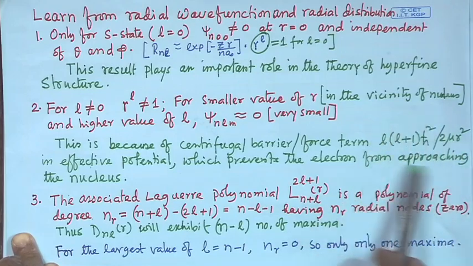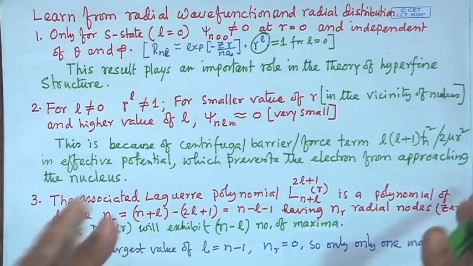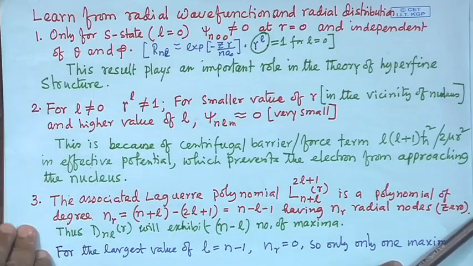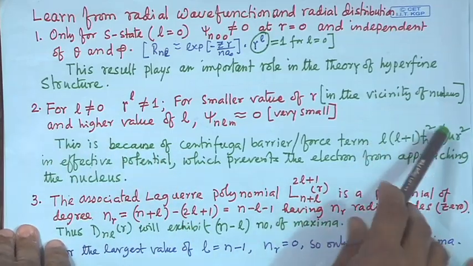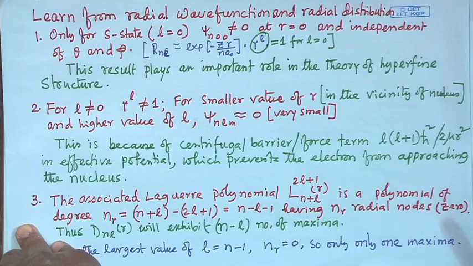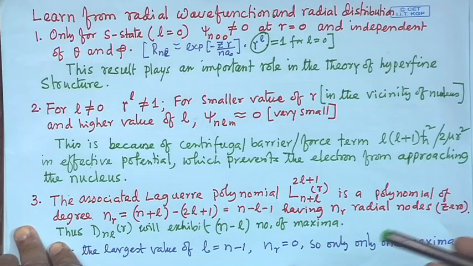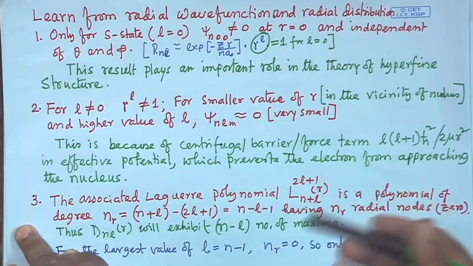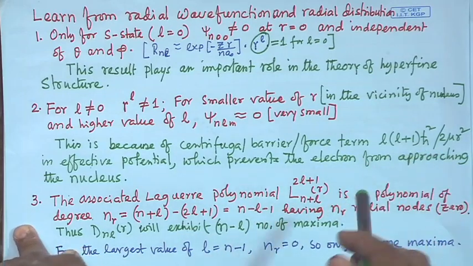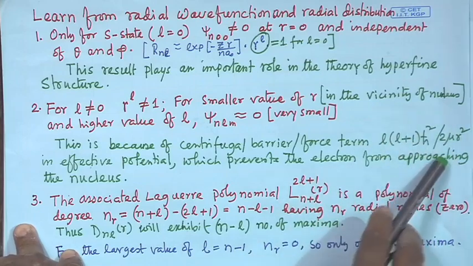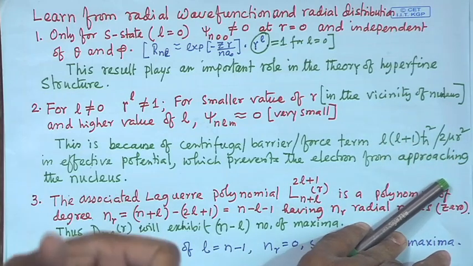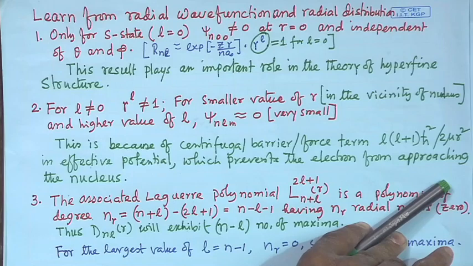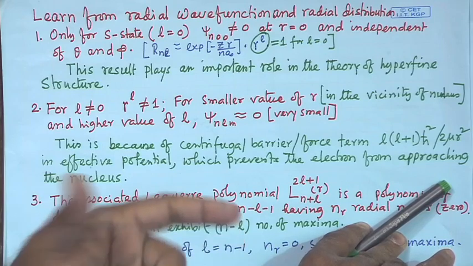So these three terms were there. This term is equivalent to a potential energy, basically a barrier. Kinetic energy helps to overcome the barrier.